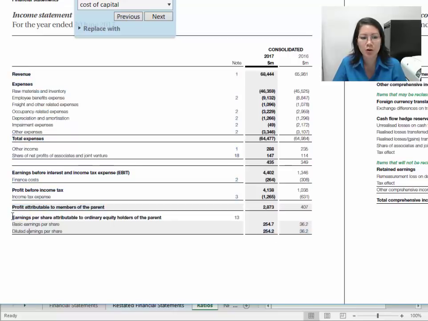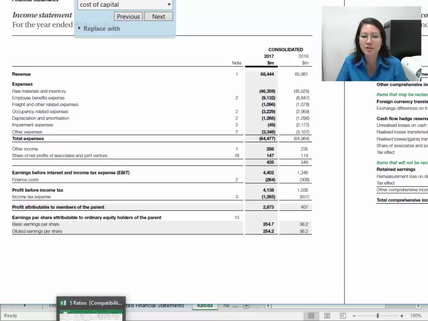This was the section I said don't worry about putting this in. So they've calculated in cents, earnings per share attributable to ordinary equity holders of the parent. Basic earnings per share, that's what we're looking at. 254.7 cents, so $2.55, and 236 cents for 2016.